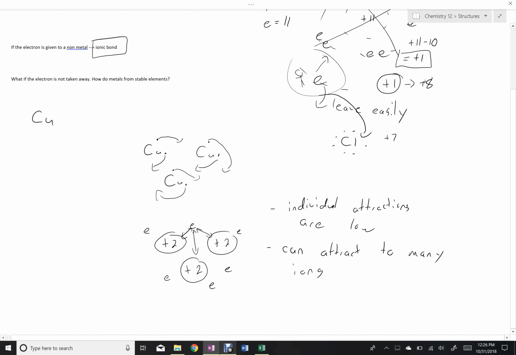So instead of this electron being associated with one copper and there being some level of attraction here, this electron can be associated with all of these positive 2 copper ion cores.